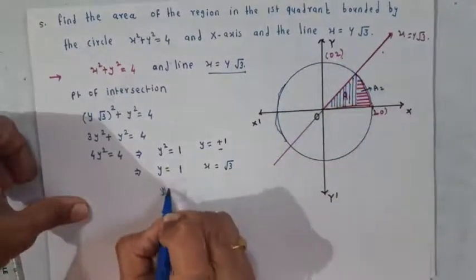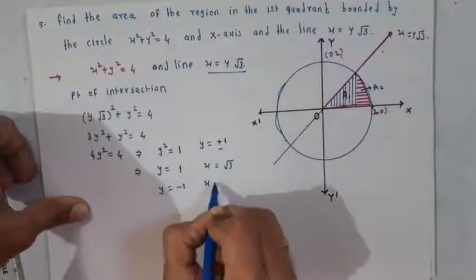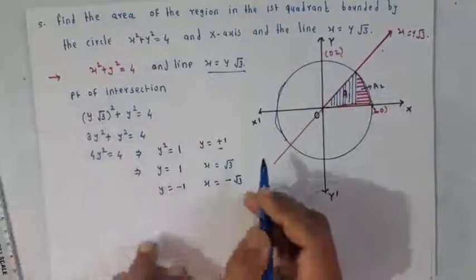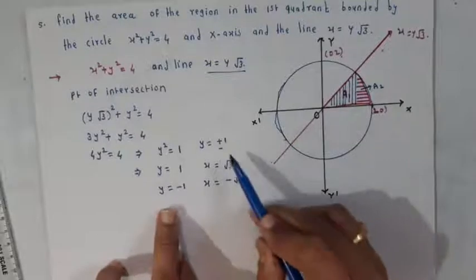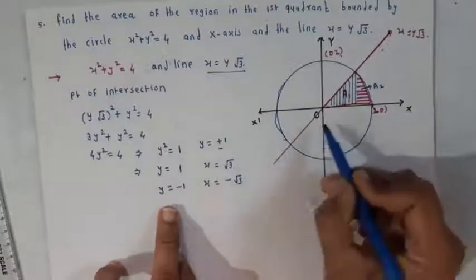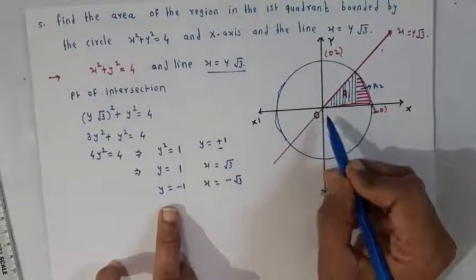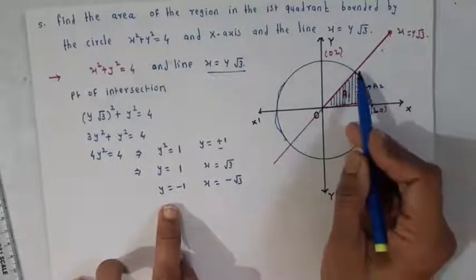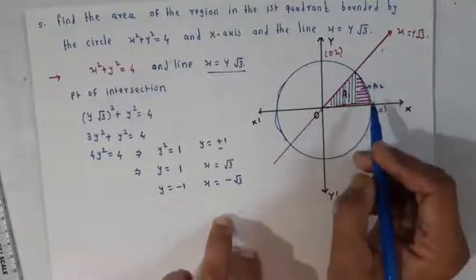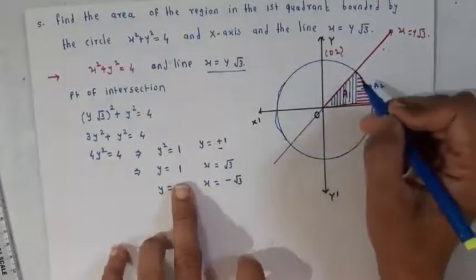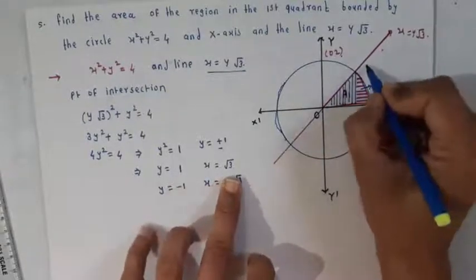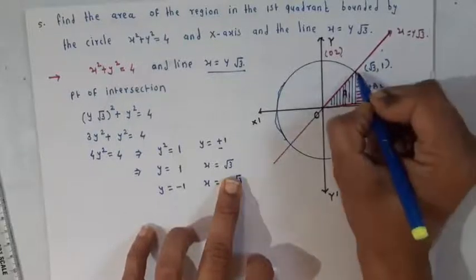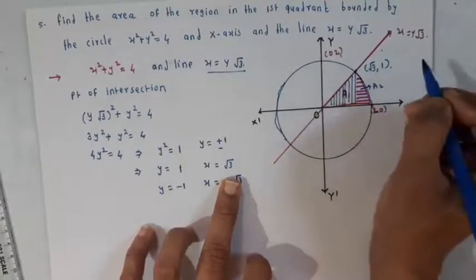And when y equal to minus 1, x equal to minus root 3. So these are the values. In the first quadrant, the point of intersection of the line and the circle is x equal to root 3, y equal to 1, that is root 3, 1. This is the point of intersection.